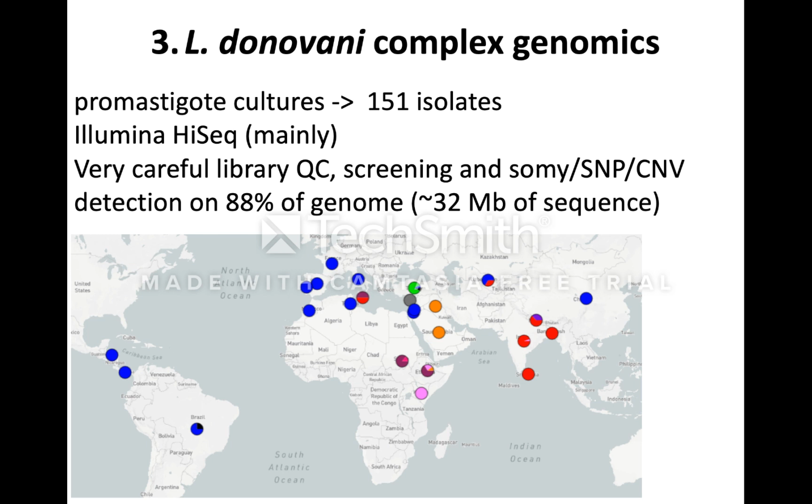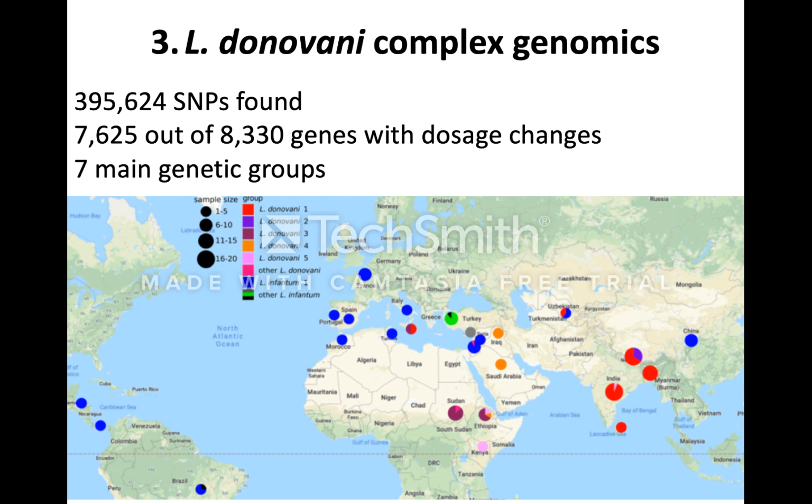Not all was evaluated because of the diversity of repeats that are present in the genome, and also the need for longer reads to really understand all aspects of the genome. So we were able to look at about 32 megabases of sequence out of about 36 megabases in total.